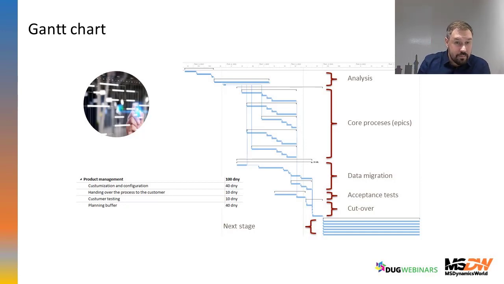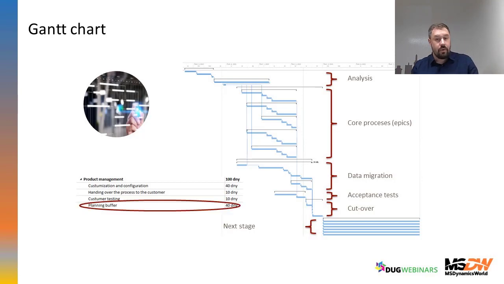Because we have some time to make customization and configuration, then some time for handing over the process to the customer, and then the customer tests. And here is the buffer, which is on one hand helping us to make the cascade. On the other hand, you can use it to really protect this process implementation with some buffer.